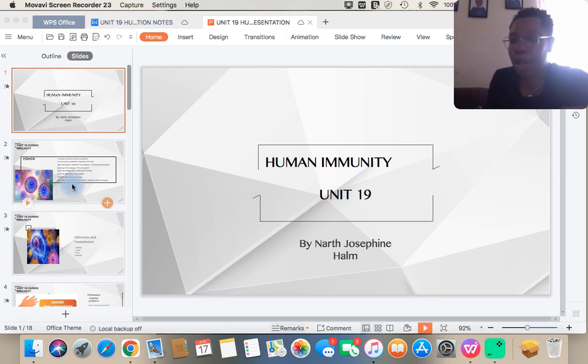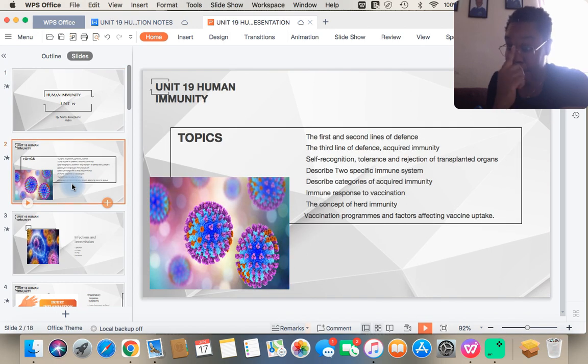So, we will look at the first and the second lines of defense with a specific example. I will explain the third line of defense, sensitivity to antigens, including the roles of different types of immune cells.